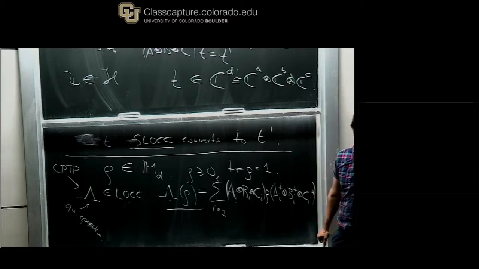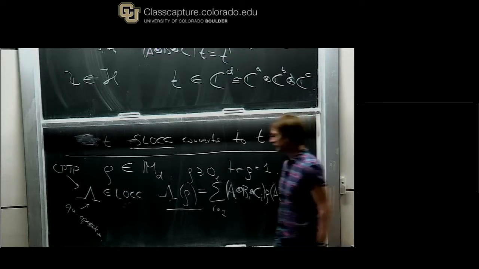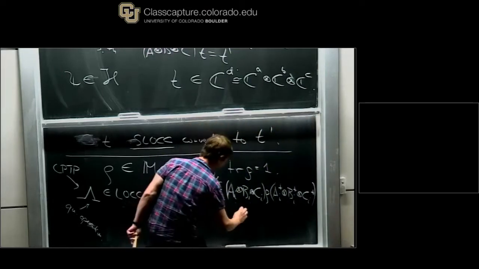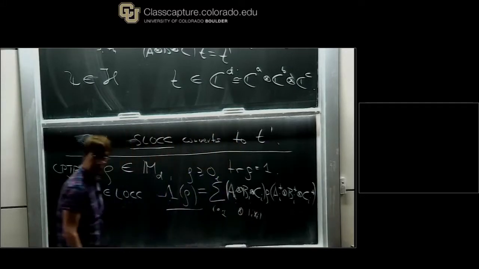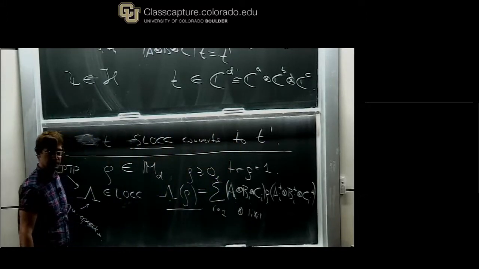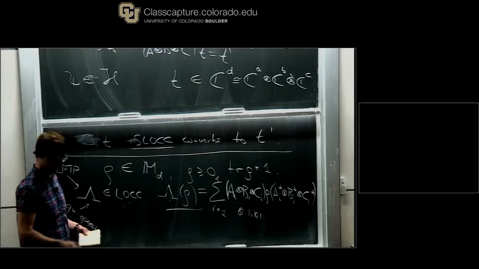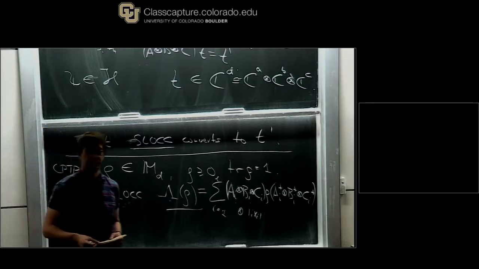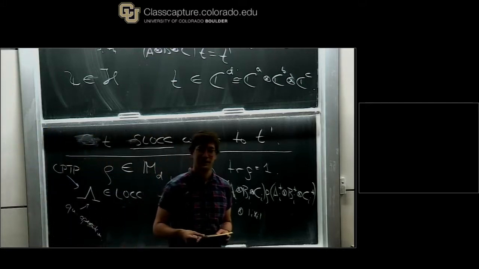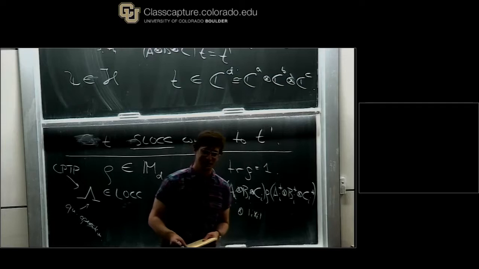I don't know exactly what Fernando wrote down, but oh, it doesn't have the classical. You can tensor an I here if you want. Did he do that? Maybe we take it later. Okay.